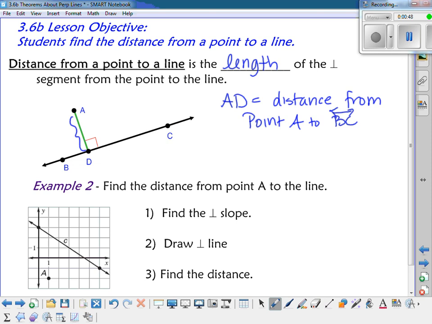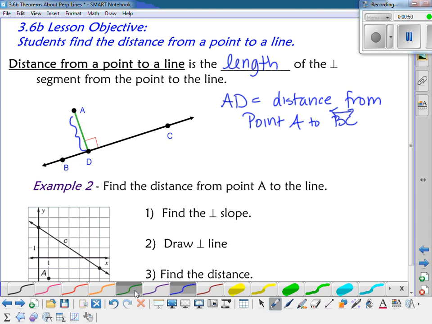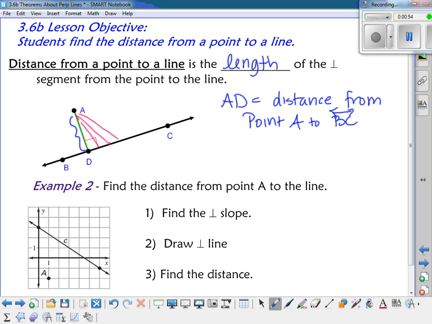Now the reason it has to be perpendicular is because if I drew other lines there, they could be all different lengths and it would vary, and I'd never know exactly what the distance was. But there's only one line that's perpendicular that goes through that point, and so that will always be the same. It will always be consistent.